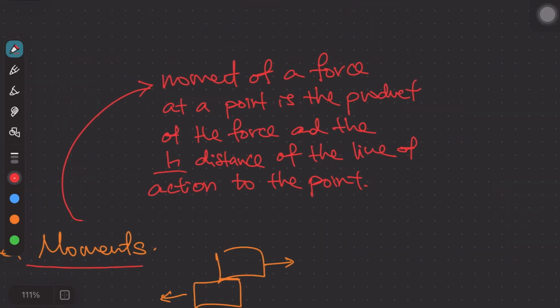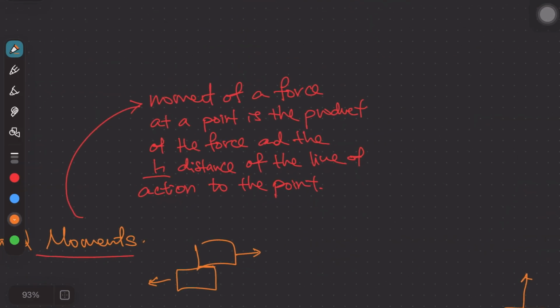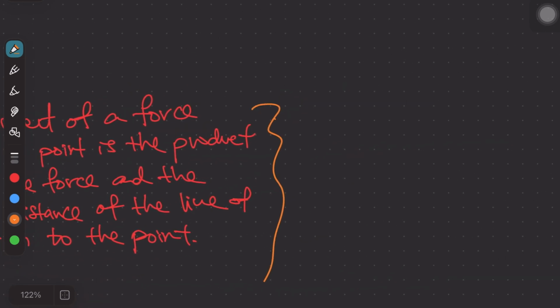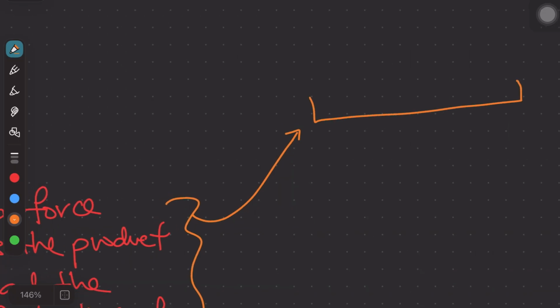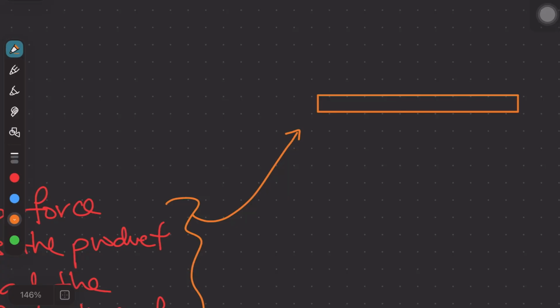Okay, so let's try and expand on what this definition actually means. For example, we've got this stick over here. Let's say that we apply a force as such to this end of the stick, some force F. This force can generate a moment about this end of the stick.